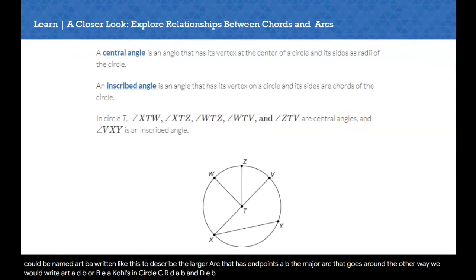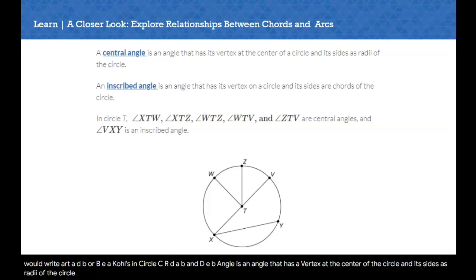A central angle is an angle that has a vertex at the center of the circle and its sides as radii of the circle. An inscribed angle is an angle that has its vertex on a circle and its sides are chords of the circle.